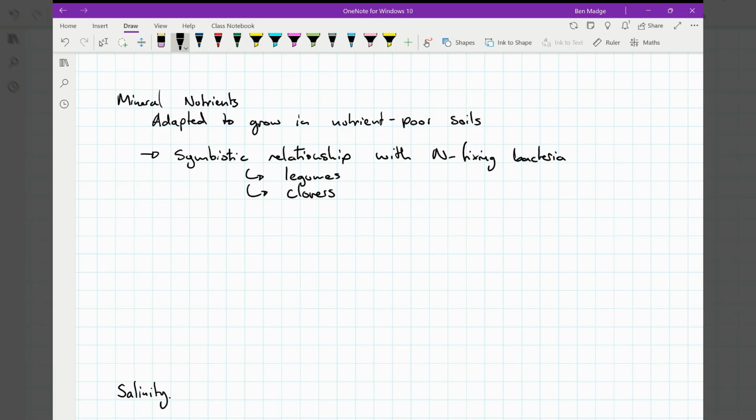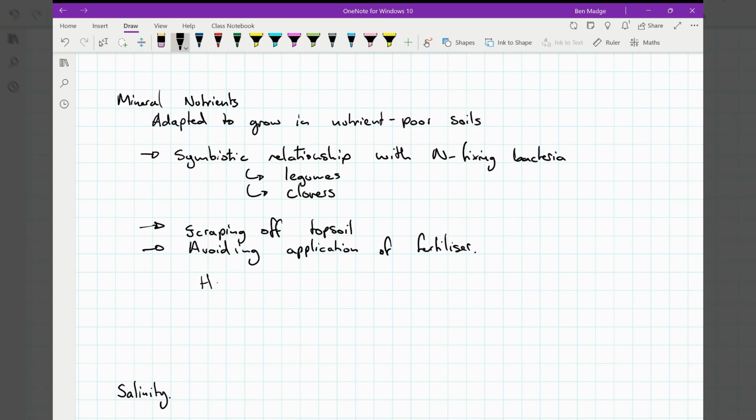So we can change this abiotic factor by doing things like scraping off topsoil, or we can look at avoiding the application of fertilizer. So these are sort of things that you might see in hay meadows or heathlands.